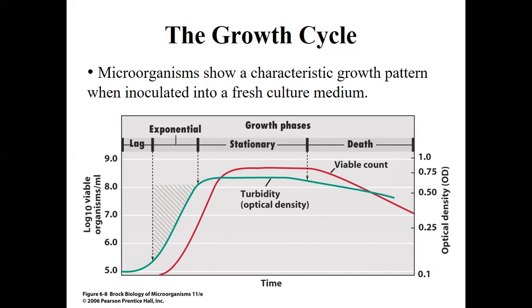So we can calculate it in terms of the amount of bacteria per ml. After completion of the exponential phase, the next phase is known as the stationary phase.